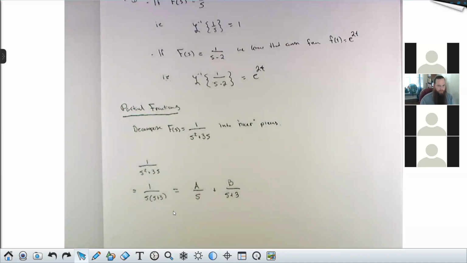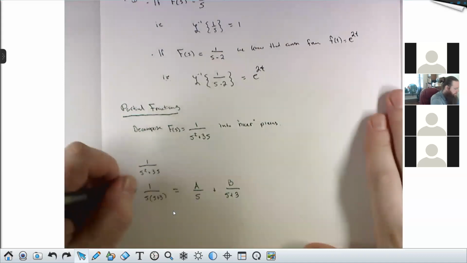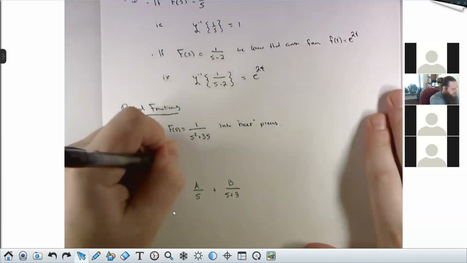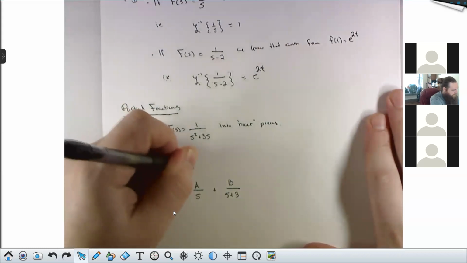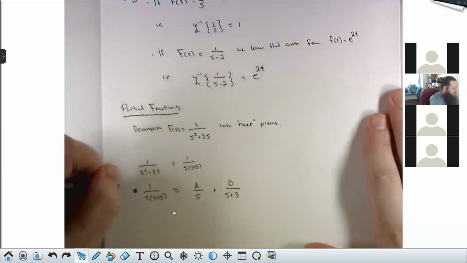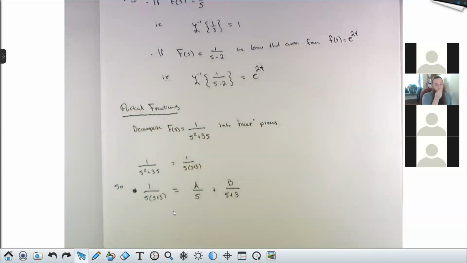The fact that this can be done is a fact from linear algebra. It's equivalent to linear independence of powers of s. From here, we need to sort out the constants a and b. Right? If I know a and b, then I'm good. I've split this up into two pieces.